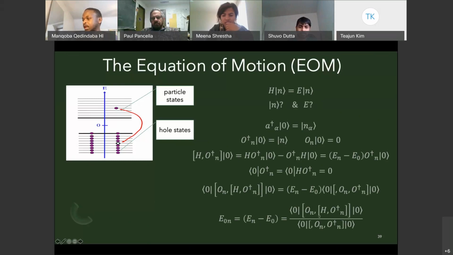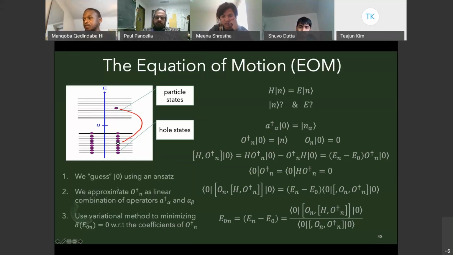Basically, it's just the expectation value of the Hamiltonian with some excitation operator. I know what you're thinking. If you are paying attention, you may be saying, wait a minute, there are two things I've speculated here. First, I need to guess what the ground state is.